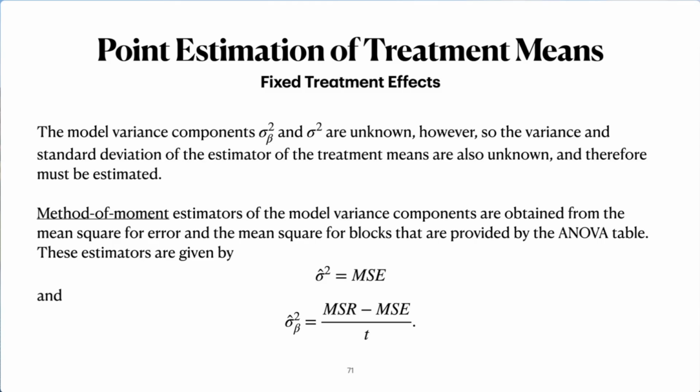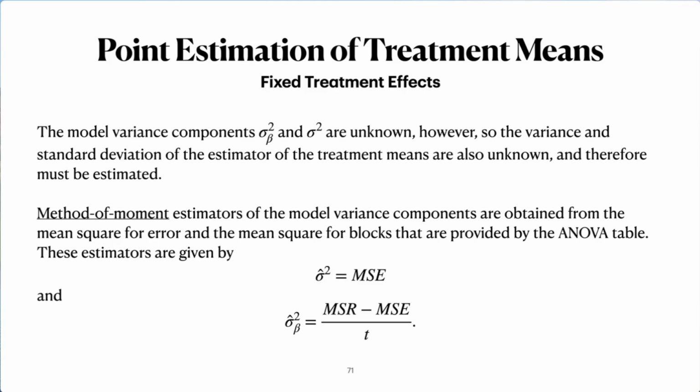The method of moments estimators for the model variance components are obtained from the mean square for error and the mean square for blocks provided by the ANOVA table, and we utilize the expected mean squares of the mean square for blocks and the MSE. We use those expected mean squares to come up with estimators for sigma squared and sigma squared sub beta.